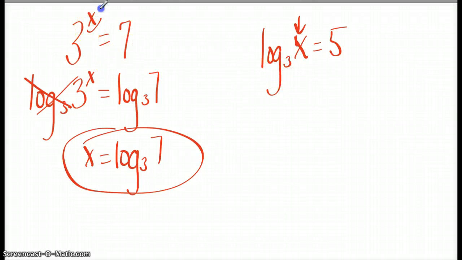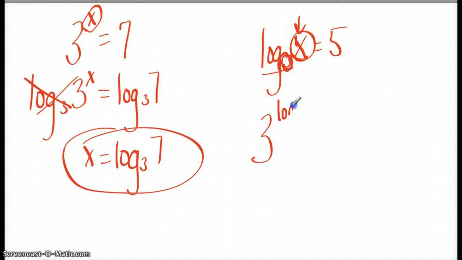Here we had an exponent and I logged it. Here we have just an x with a log, so I'm going to exponent it, put an exponent. What I want is this log 3 gotten rid of, so I'm going to take this number and put it big, and then this part is going to become your exponent, log base 3 of x.